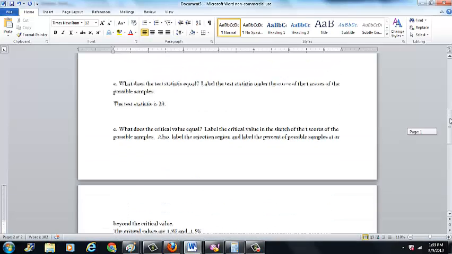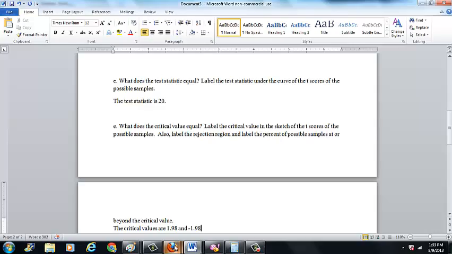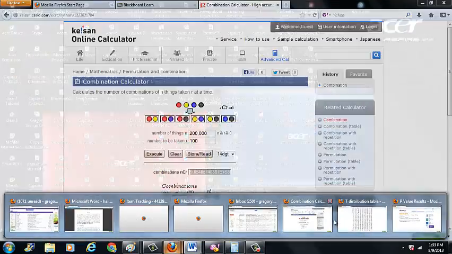To get the p-value, we have to have our test statistic, which is 20. We have to go to our p-value calculator.